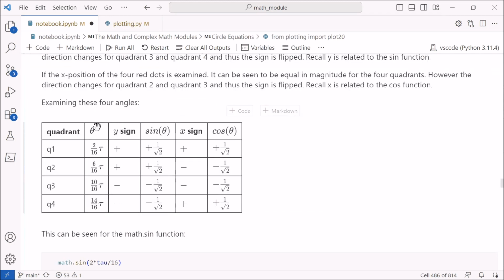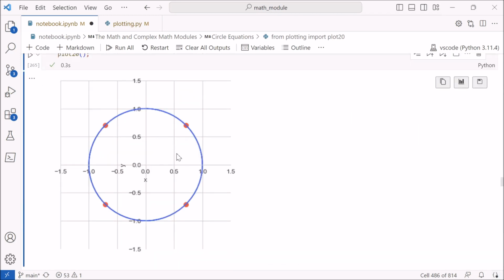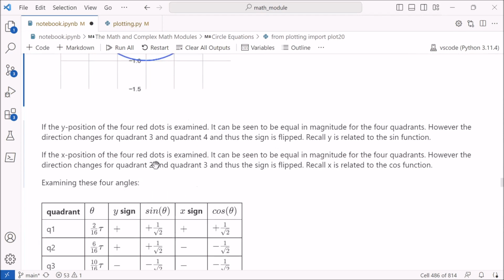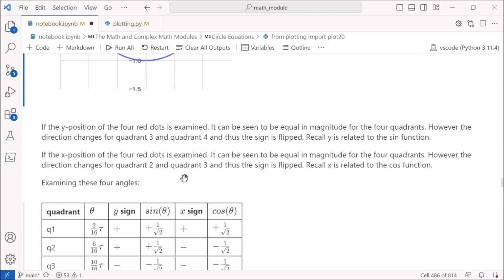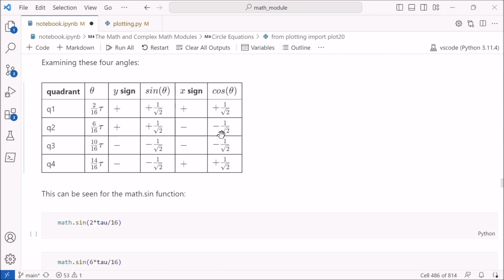Remember, y corresponds to sine. So the value is going to be the same, then the value is going to be negative, and then negative. If we have a look at cos, which is this coordinate here, it's going to swap sign. So it's going to be positive, negative, negative again, and then positive again.